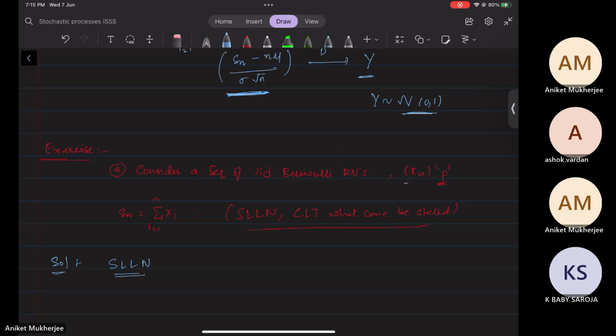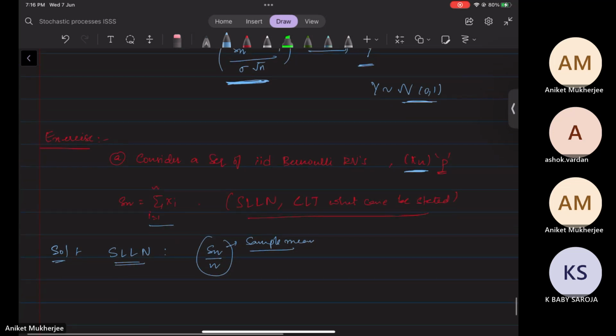So you have a sequence, you know the sequence. So the sample mean is given by Sn by n. This is the sample mean, right? What is the assumption that you need to show that this converges to something?